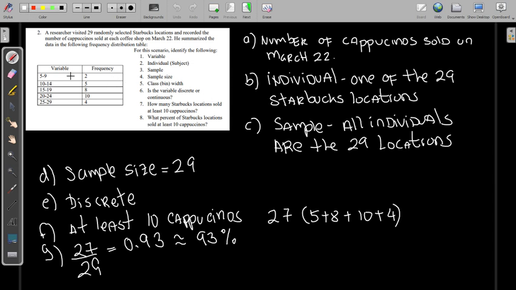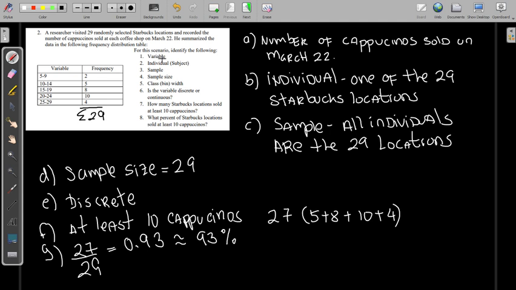For example, you have a table here. There are 29 locations of Starbucks, the coffee shop, and if you add all of this, it's going to be 29 locations. And they collected information from each location. So the first question is, what is the variable? In other words, what kind of information were they collecting?